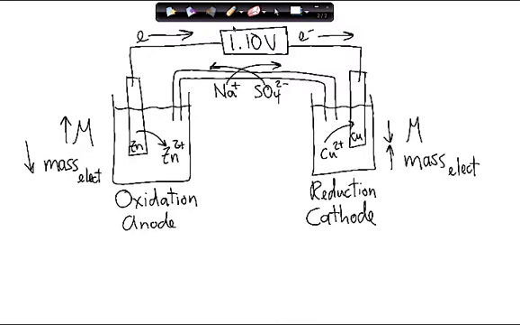So guys, given all the things that we have labeled on the board, which of these bits of information are sufficient to tell you which is the anode and which is the cathode?